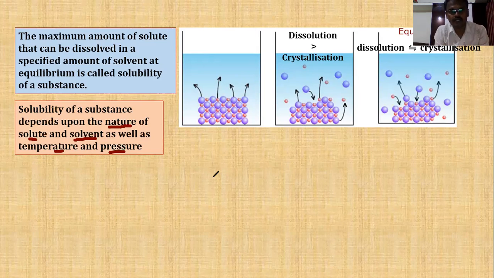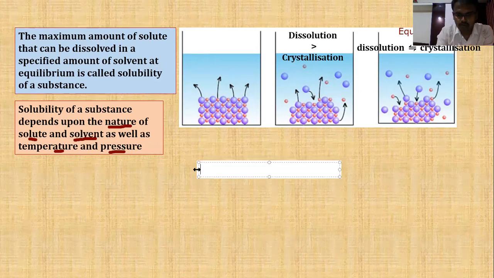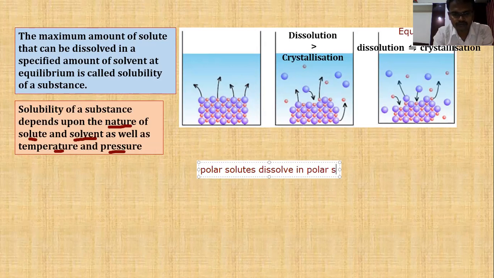Similarly, nature of solute. If you dissolve camphor in ethanol, it dissolves. If you put camphor into water, it doesn't dissolve. So the solubility of a substance depends on what is the solute, what is the solvent. Generally, polar solutes, that you should remember, that means which have got ions, dissolve in polar solvents like water.